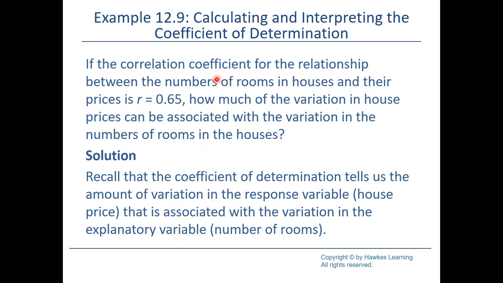So it tells us the variations in the house prices that are associated with the variations in rooms. Kind of like a reverse order of what we just said. Instead of rooms to price, it's prices to rooms.